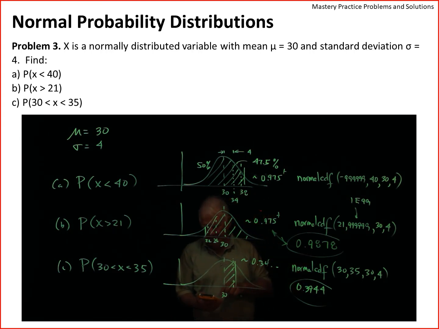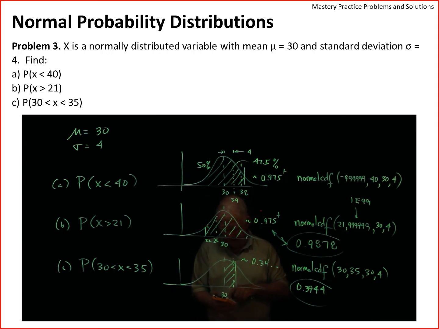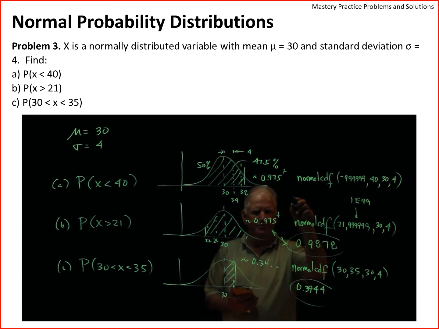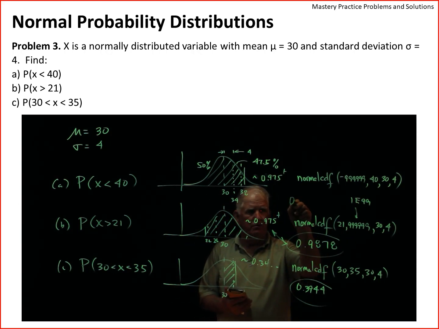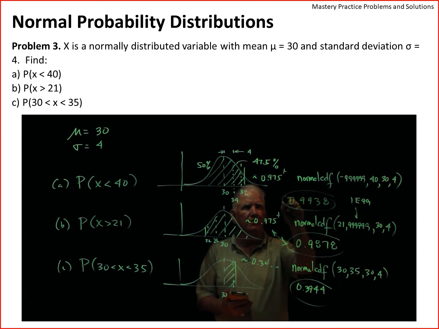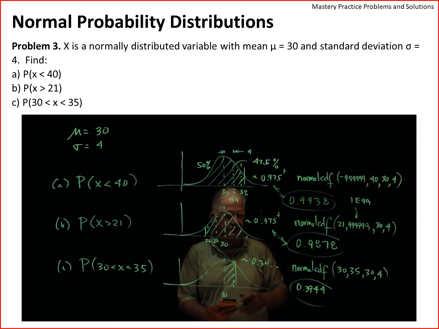And finally, finishing this off, back to normal CDF. Lower bound in this case is minus 999999, six nines. And the upper bound is 40. 30 and 4 is the answer. I'm pushing the button and I'm getting 0.9938. Again, pretty favorable comparison.